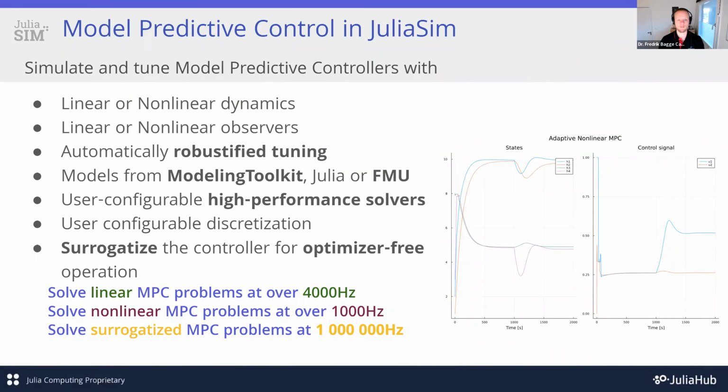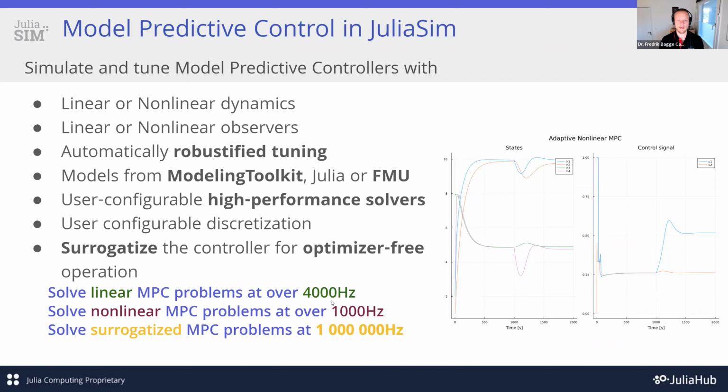However, if we do not have linear dynamics or we don't have a quadratic cost function, that form of an explicit MPC is no longer applicable. Whereas our version of explicit MPC, which we just call surrogate MPC, is valid no matter what formulation of the MPC controller you have.